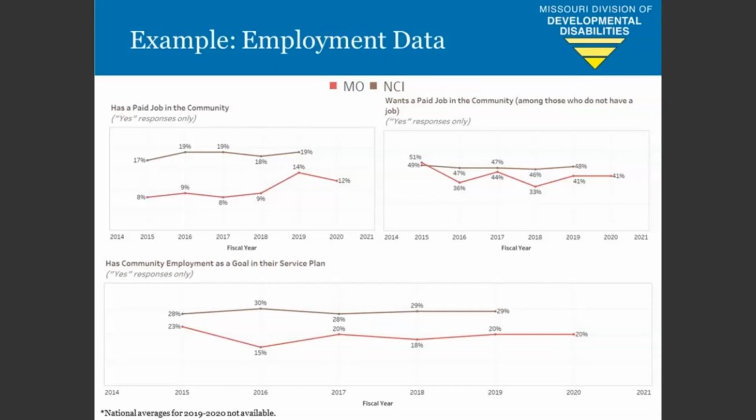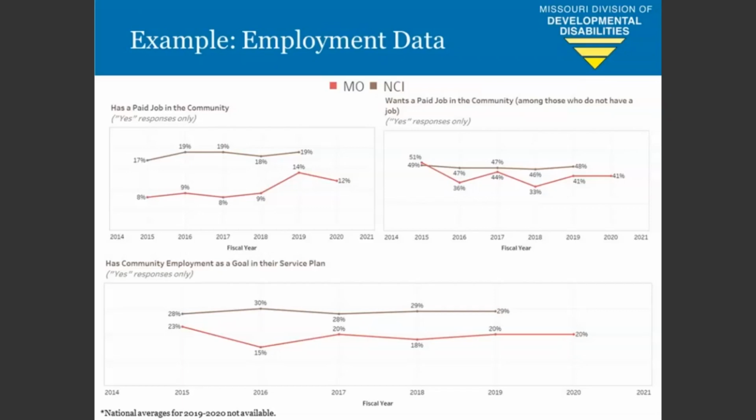Then, if you go to the bottom box, this is the percentage that have community employment as a whole in the ISP. So, as you can see again, we are consistently below the national average.